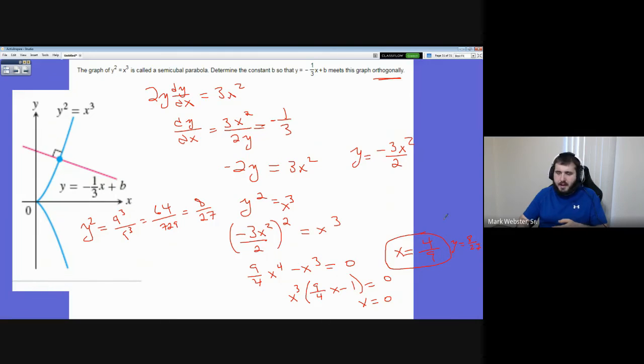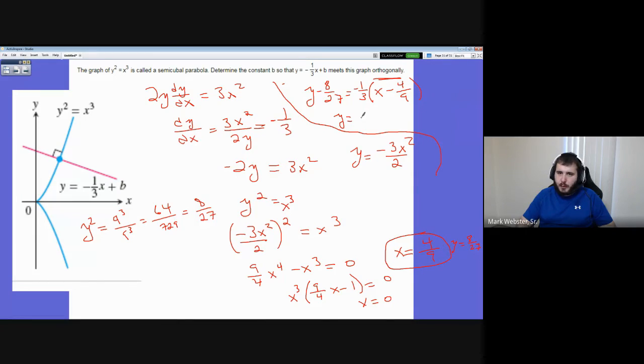And all I'm going to do from here, y minus y1 equals m, we know that already, times x minus x1. So what we can do is distribute and solve for our y equals.